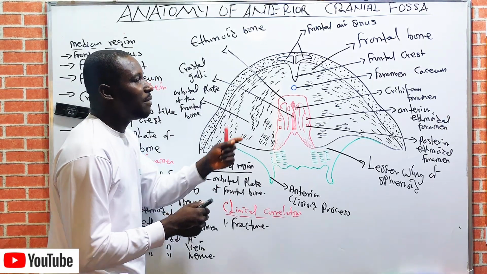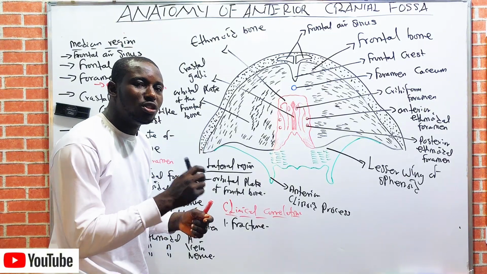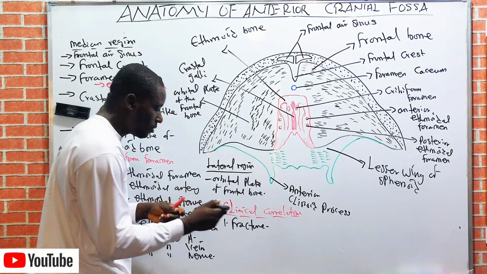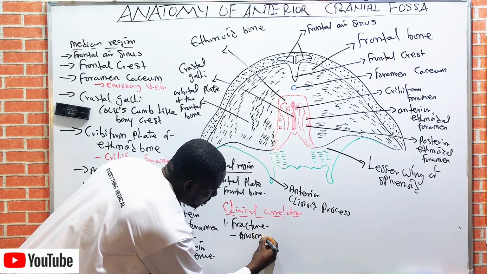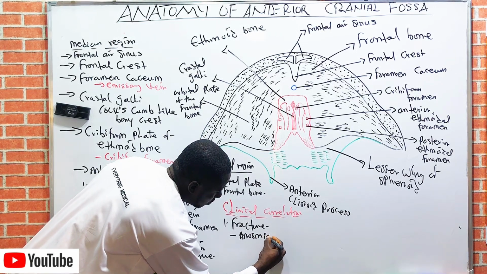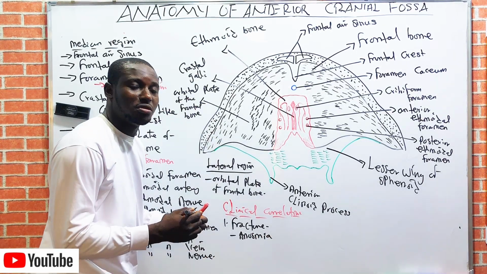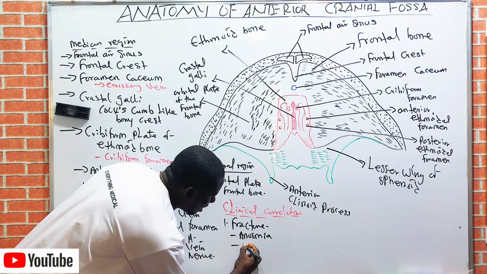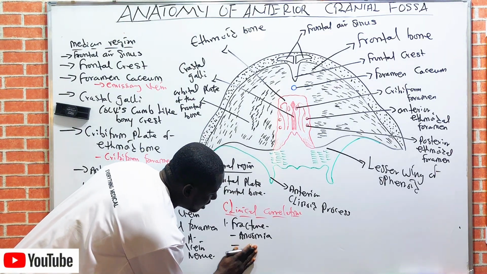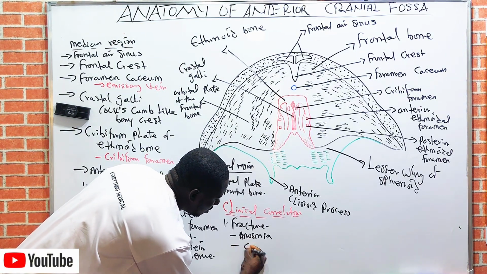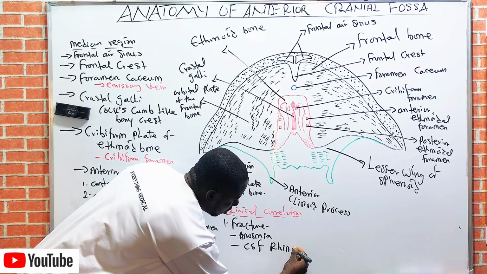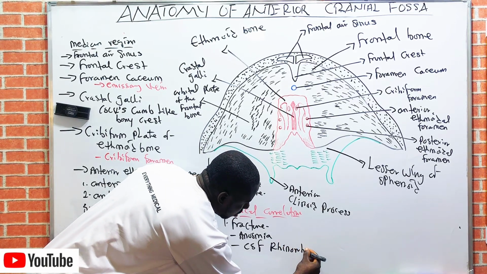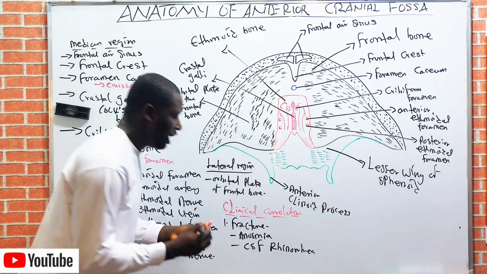Fracture of the cribriform plate of ethmoid bone will lead to number one, anosmia, which is a loss of sense of smell. Number two is CSF rhinorrhea, which is cerebrospinal fluid rhinorrhea.